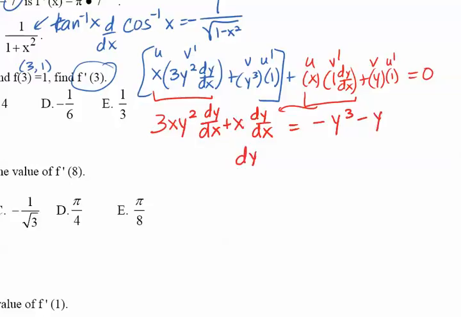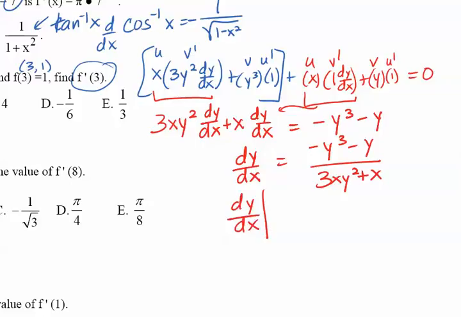So when we factor our dy/dx, can we divide right away? So we would have this value over 3xy squared plus x. You might have factored a negative 1 out of that numerator.